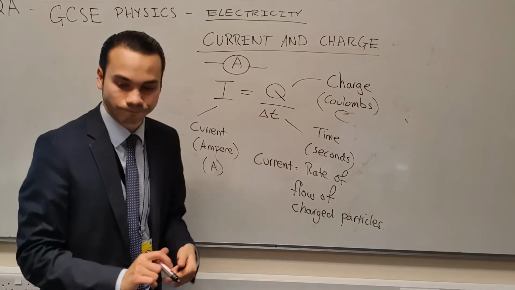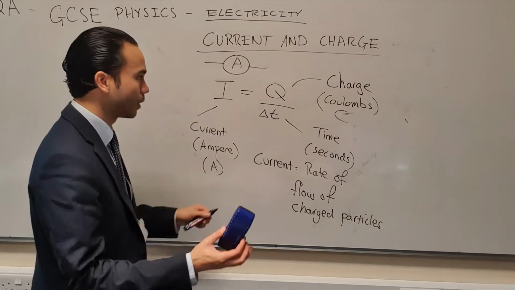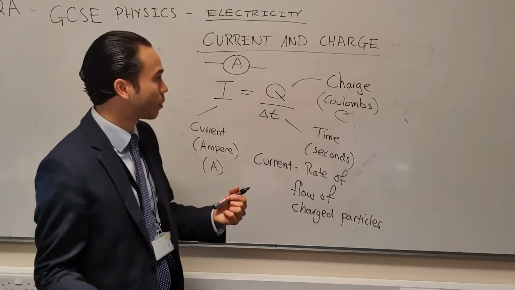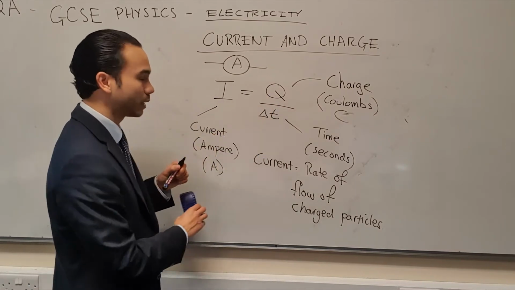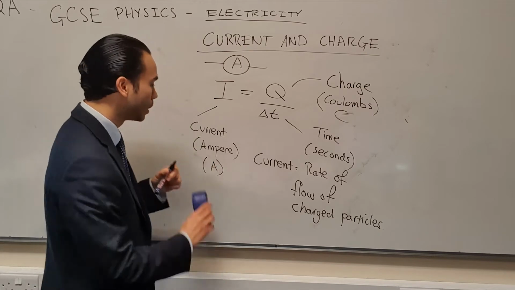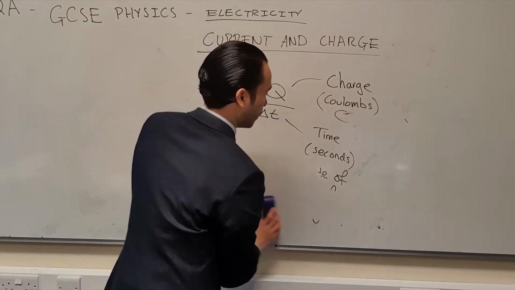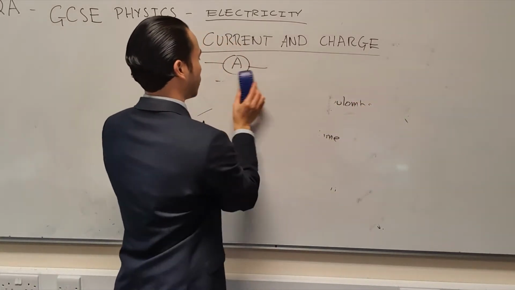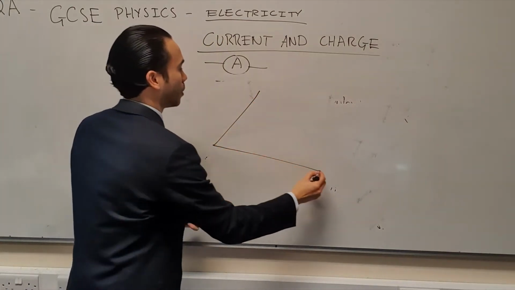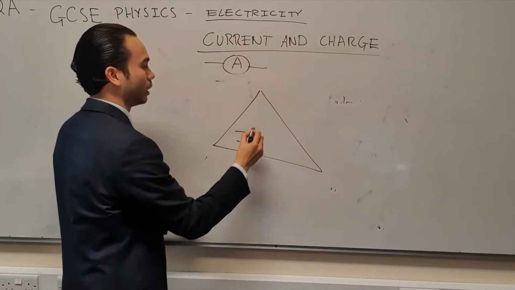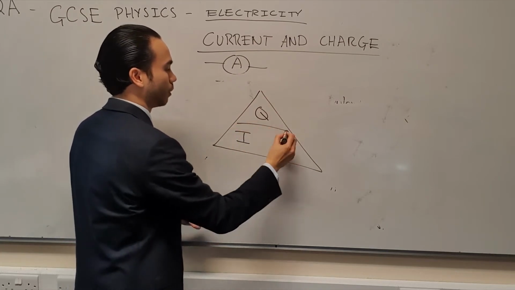So, for those of you who aren't good at rearranging equations, I'm going to redraw this, put this into a pyramid or triangle, something that you may be a bit more familiar with. If you're going to do a triangle equivalent, it would look something like this.